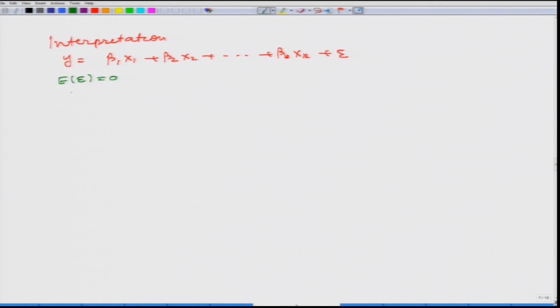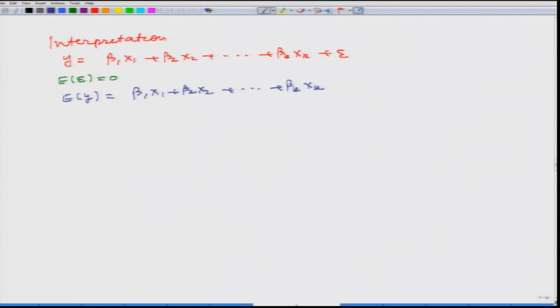So I can write down the expected value of y to be beta 1 x1 plus beta 2 x2 plus beta k xk.